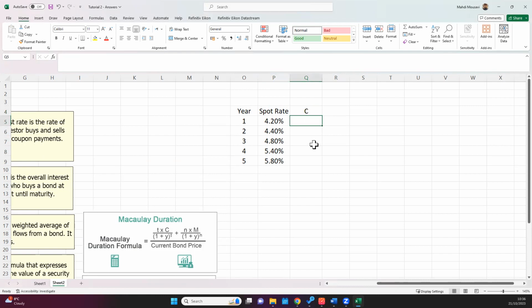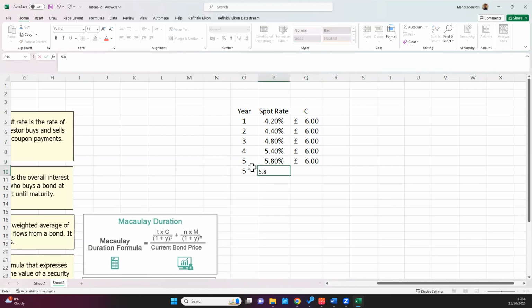The coupon is 6%, so 6% times par value 100 is equivalent to the cash flow we're going to receive every year. And I'm going to scroll down. But remember, at the end, which is the maturity, we have another cash flow. So I'm going to separate it here, which is the par value.